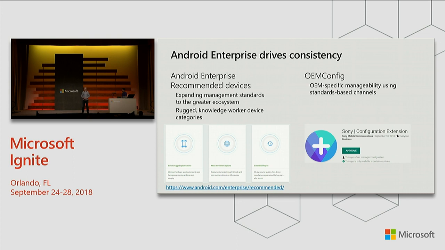And we can get that list by querying their service, which means as soon as Sony adds some new setting to this particular app, we'll be able to see it immediately in the Intune console dynamically, and you'll be able to use it. So the swiftness and the agility that Saad was talking about before is also going to be compounded by this effort, because we'll be able to provide you with the ability to use OEM-specific capabilities when you choose to through this. Excellent.